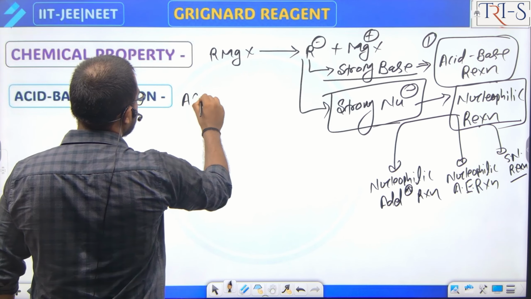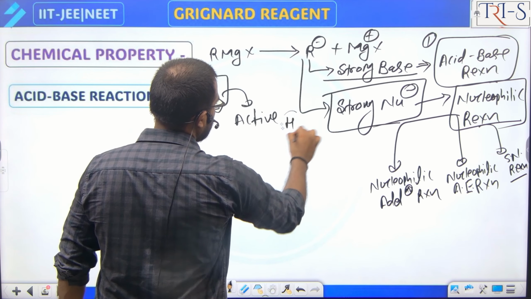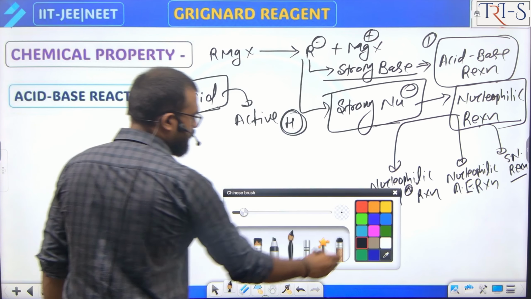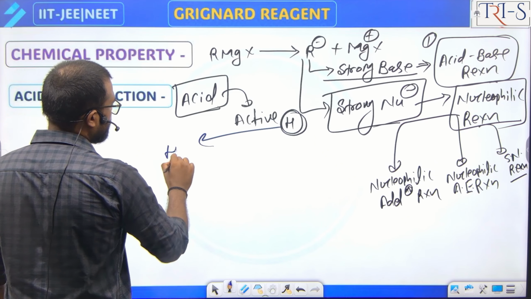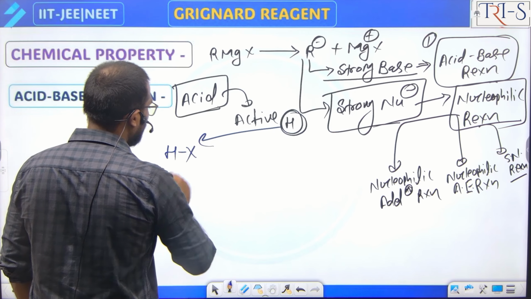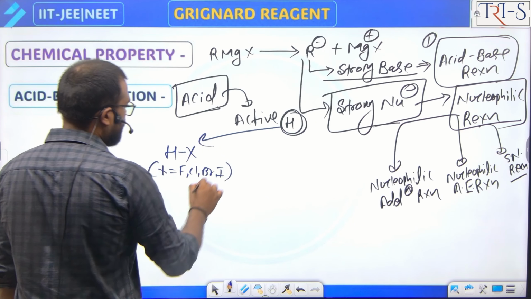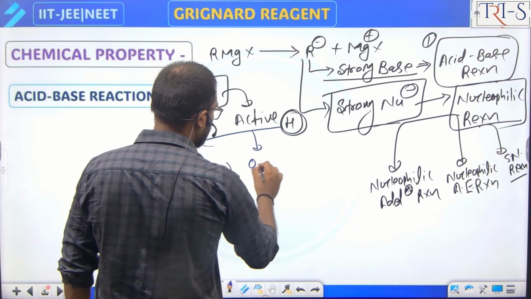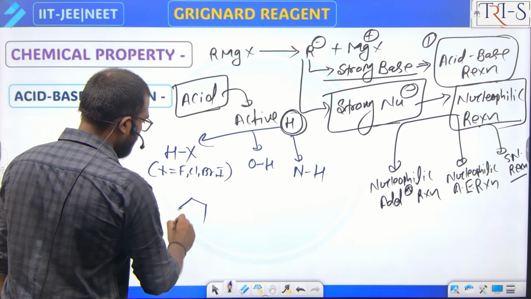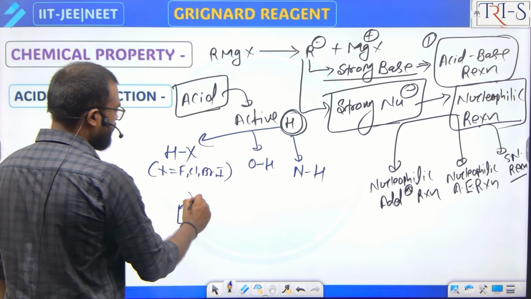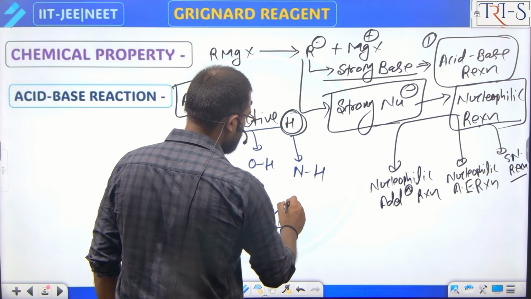An acid is any compound which has active hydrogen, and active hydrogen is hydrogen connected with a more electronegative element like a halogen, and here the halogen may be anything: fluorine, chlorine, bromine, iodine, or an OH type bond, an NH type bond, or any compound like this that can easily release H plus and become aromatic itself.